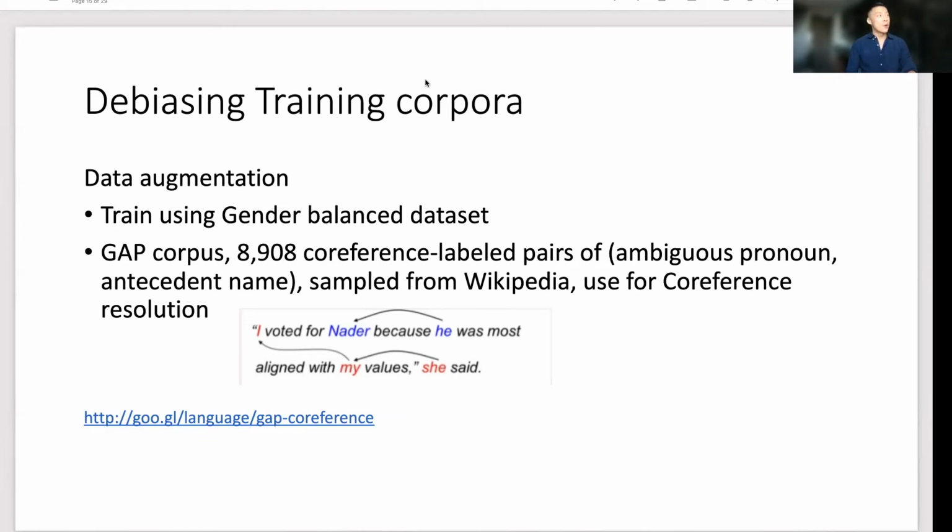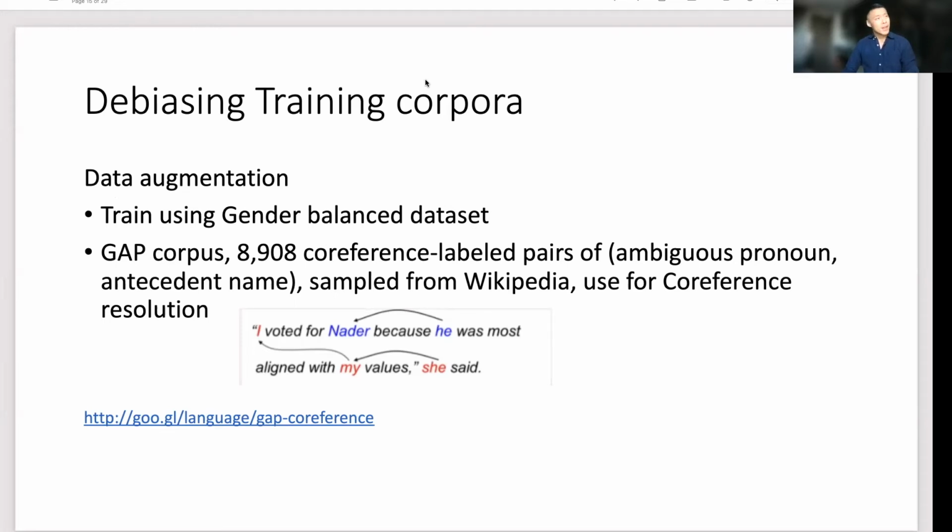They tried that out with the GAP corpus. So they have the co-reference label pair, that means ambiguous pronoun and antecedent name, right? Sampled from Wikipedia and used for co-reference resolution. So for example, I voted for Nader because he was most aligned with my values.